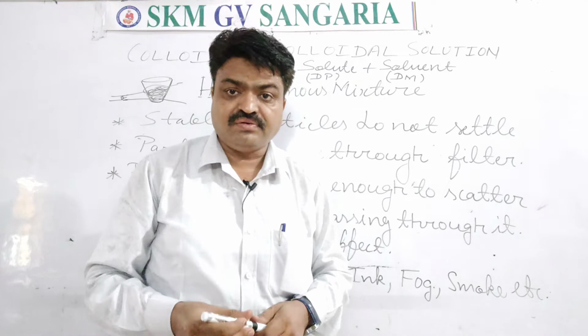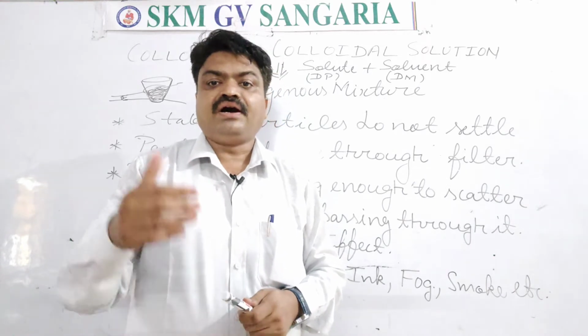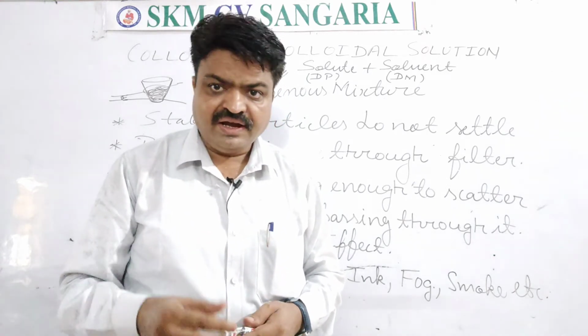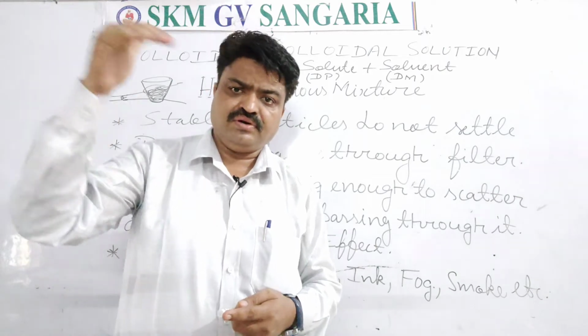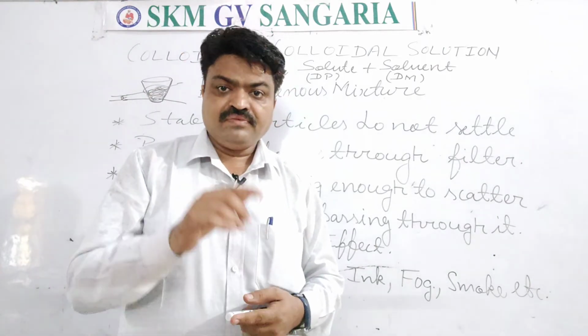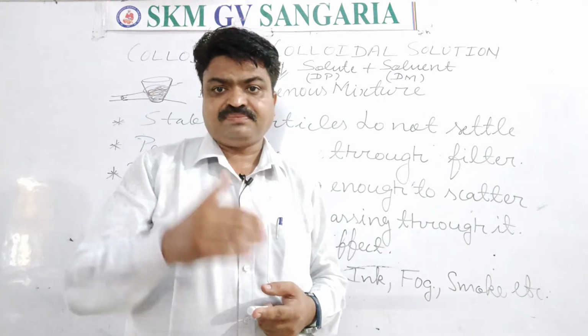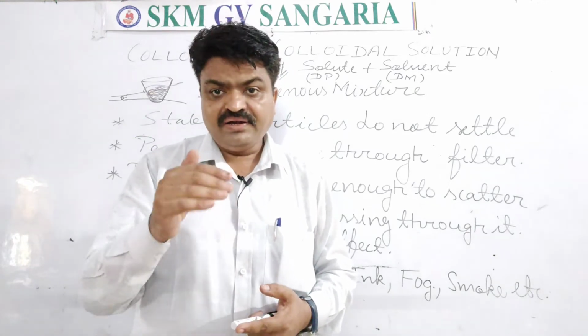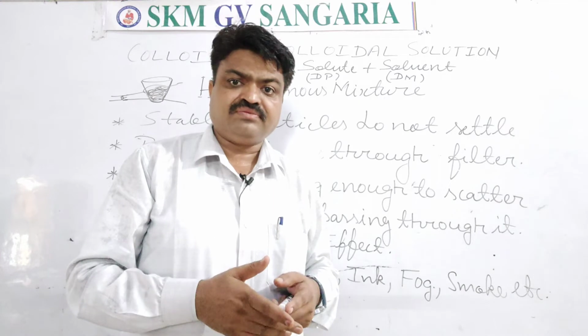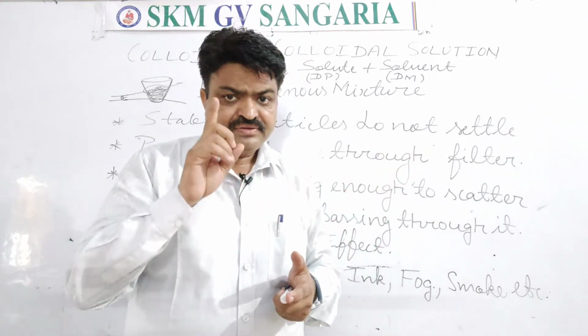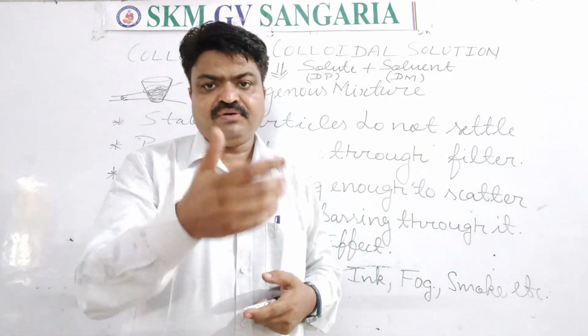We also observe this effect in a dark room, student. When light is passed through a hole, in the dark room we observe the dust particles and the scattering of the light. So that is also an example of the Tyndall effect.